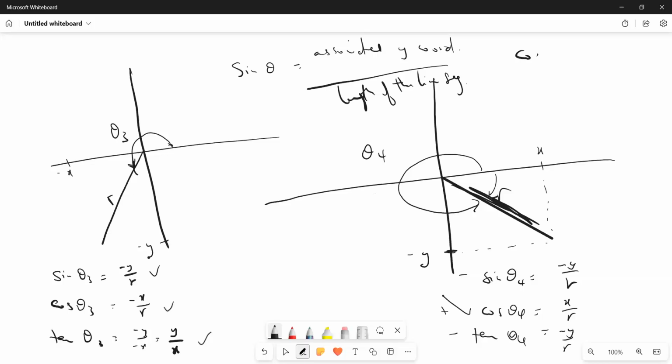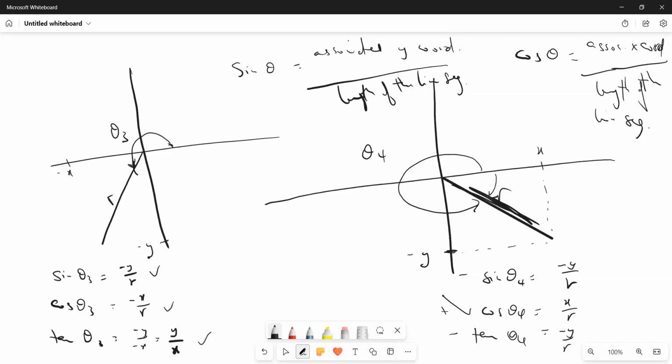Similarly, cosine of any angle is the associated x coordinate over the length of the line segment.